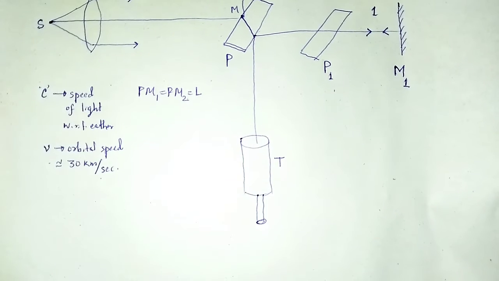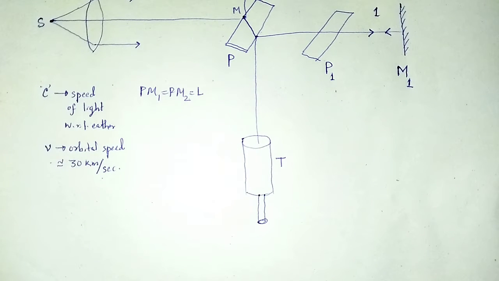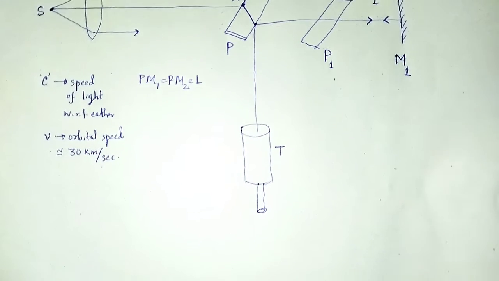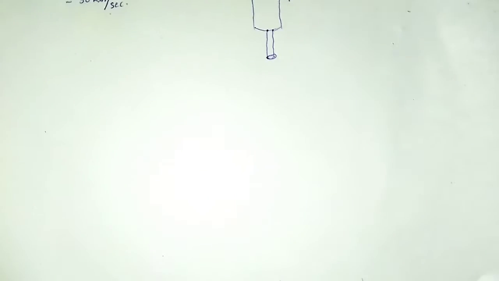Now our aim is to calculate the path difference between the two beams 1 and 2. Let us see how we have to calculate the path difference between these two beams, beam 1 and beam 2. What should be the mathematical procedure? Let us follow.